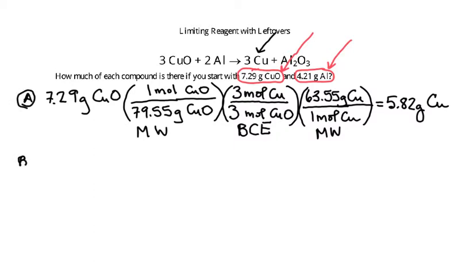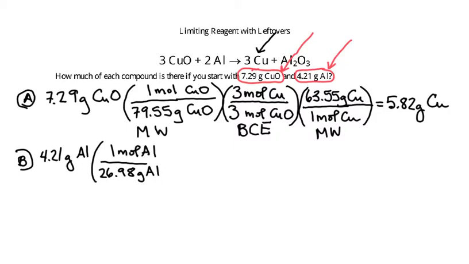And our second step, let's figure out how much we can make from 4.21 grams of aluminum. Same process occurs. We use the molecular weight of aluminum, 26.98 grams of aluminum in 1 mole. Balanced chemical equation tells us that 2 moles of aluminum will yield 3 moles of copper.